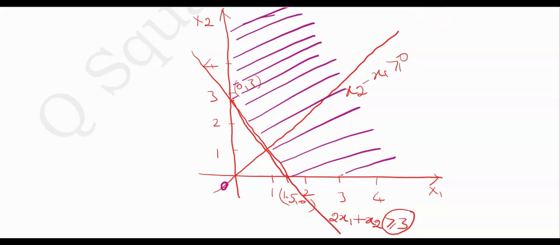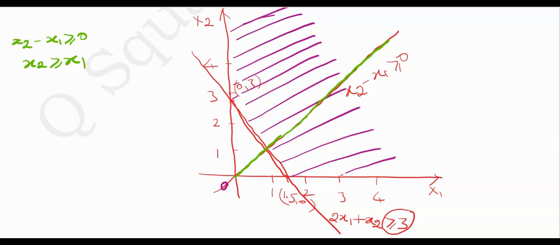The second constraint is very tricky because this line splits the first quadrant equally at 45 degrees. So we have to set the region for this line carefully. The constraint is x2 minus x1 greater than or equal to 0, so x2 greater than or equal to x1.